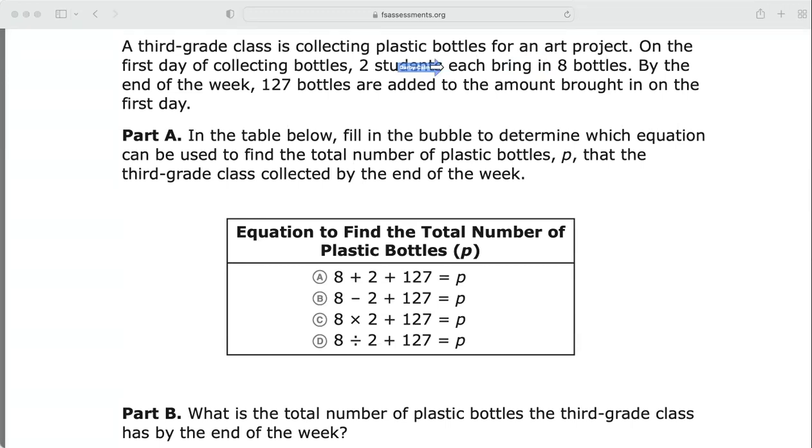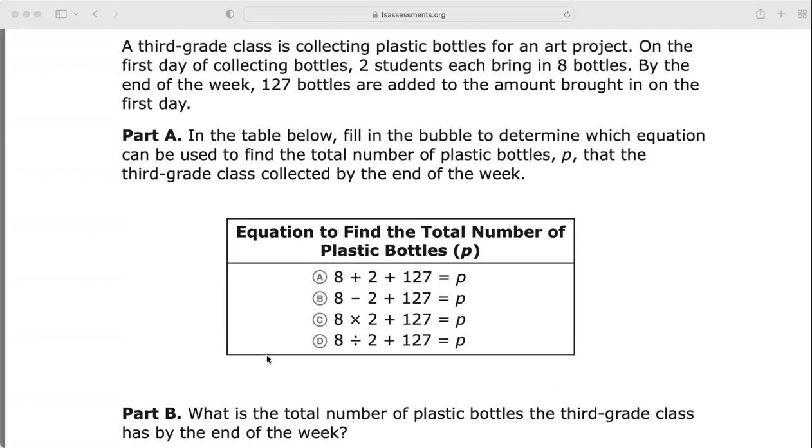Our keyword is each, and if we know our math vocabulary, that means we're going to multiply. So 2 students times 8, that would be answer C right here. 8 times 2 plus the 127 at the end of the week.